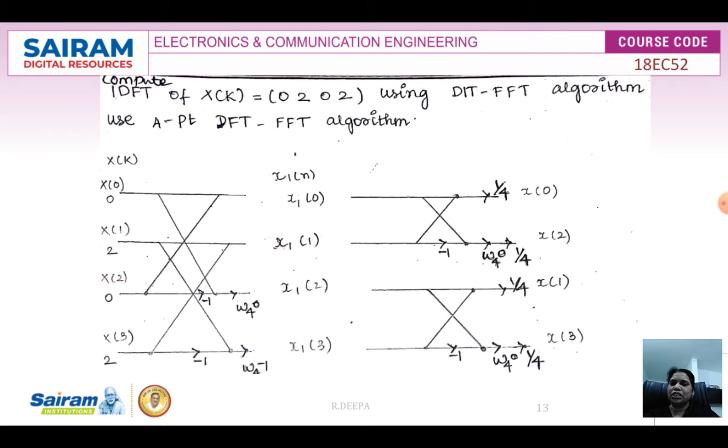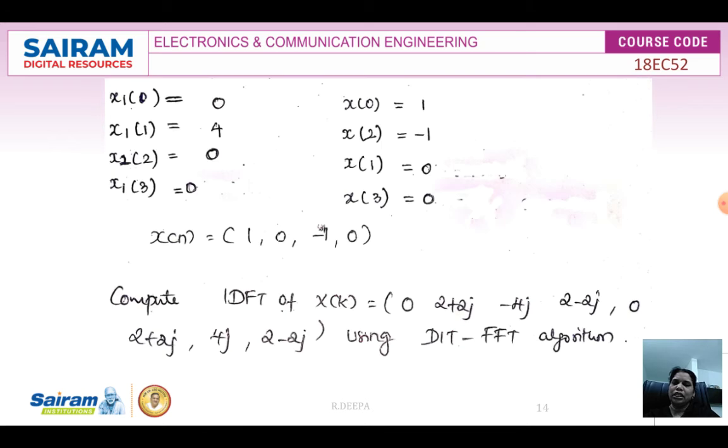Let us feed the input X of k in normal order, and using the butterfly computation we are going to find the 4 equations. The intermediate outputs are x1 of 0, x1 of 1, x1 of 2 and x1 of 3. Using the butterfly computation I am getting the output for the first stage as 0, 4, 0, 0.